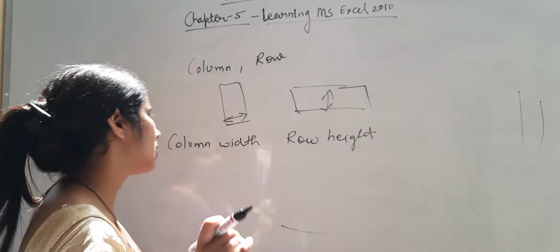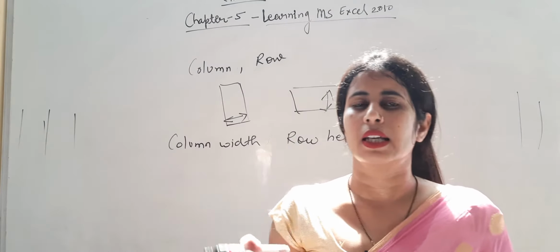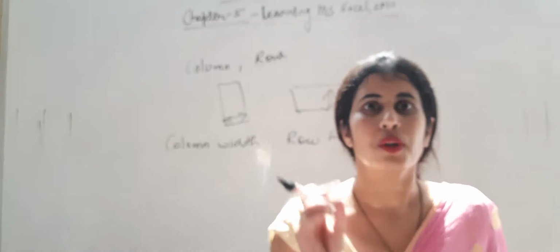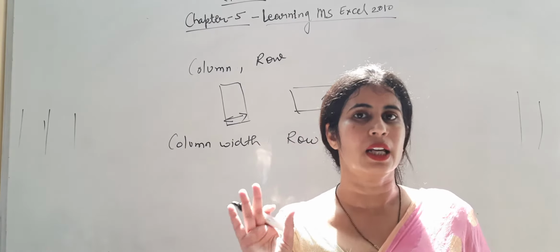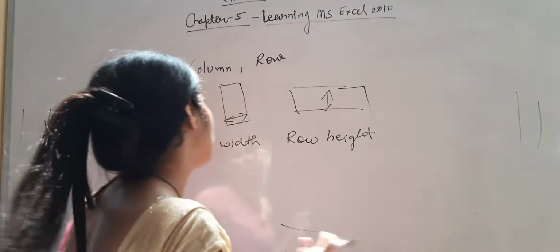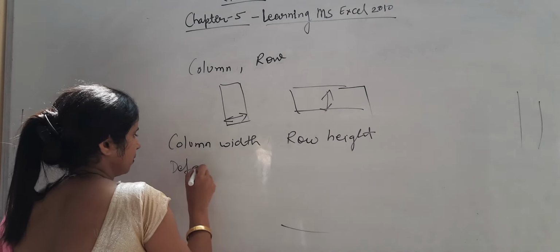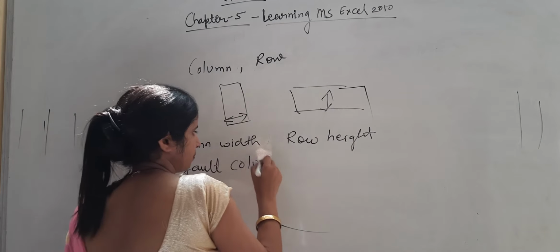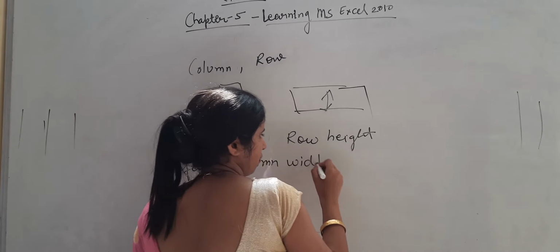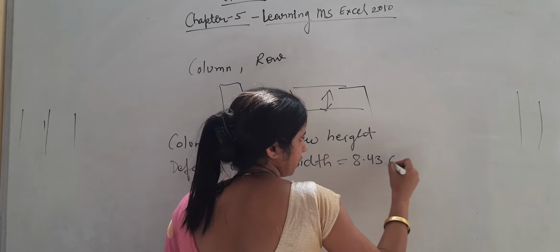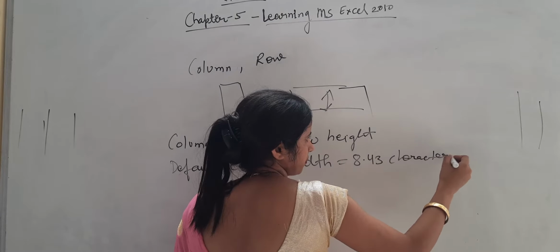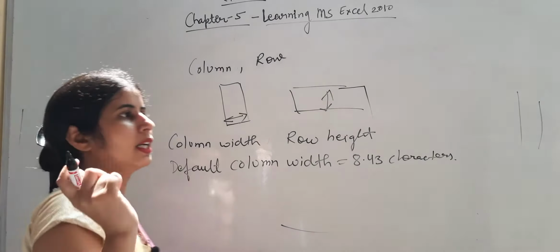The first thing is the default column width, like in other places we have default text color, default background color. In the same way here, the default column width is 8.43 characters. Width here means how many characters we are able to type in that column.